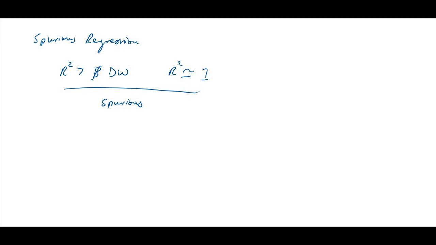Whatever combination, if you have x and y and they are stationary, then x equal to 5y will be stationary. X equal to alpha plus 7y will be stationary. Any combination will give you a stationary relationship.